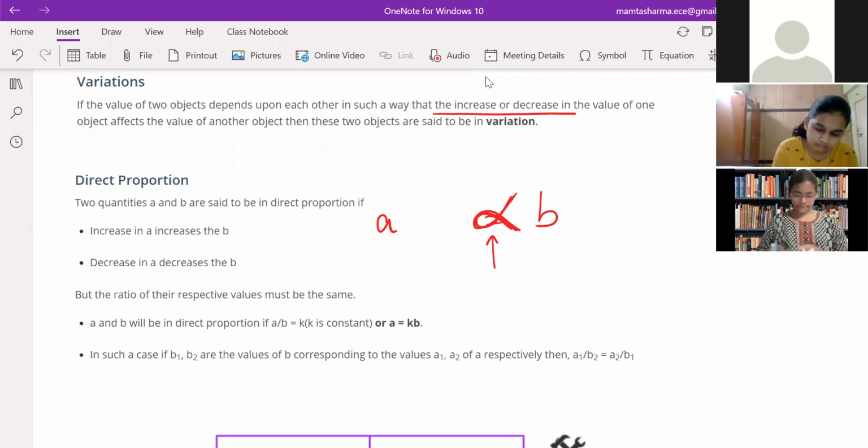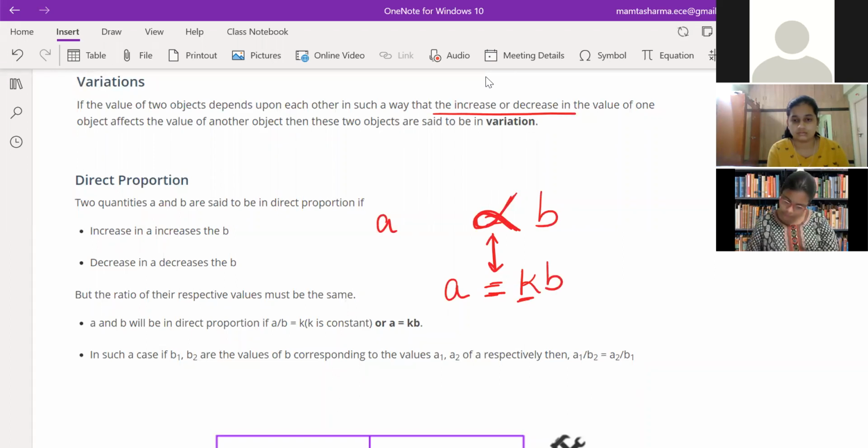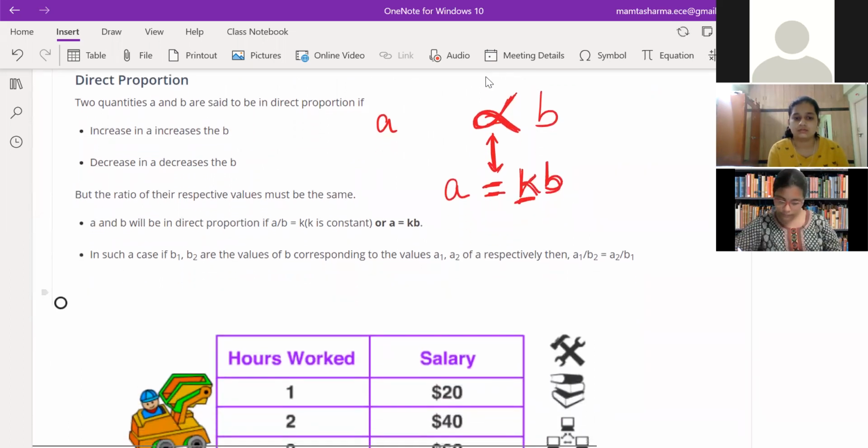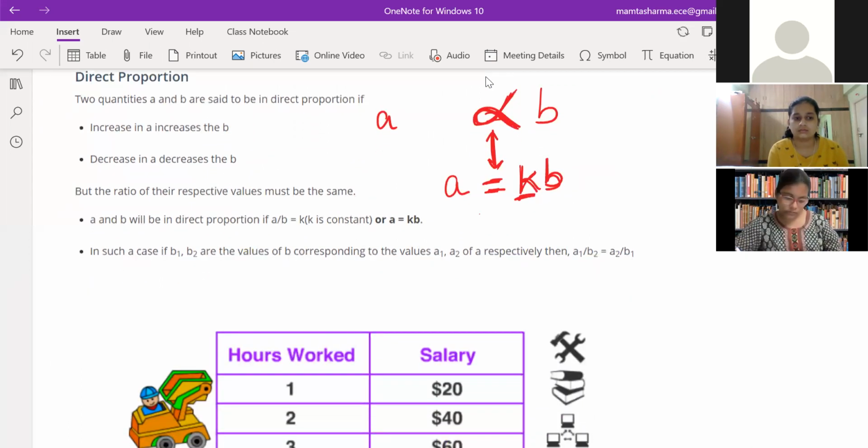When this symbol is converted to equal to, a constant k will come, in multiplication of B. So we can say in direct proportion, the ratio of A by B will always remain constant.